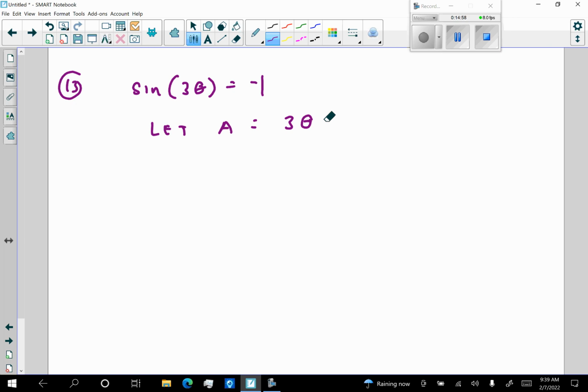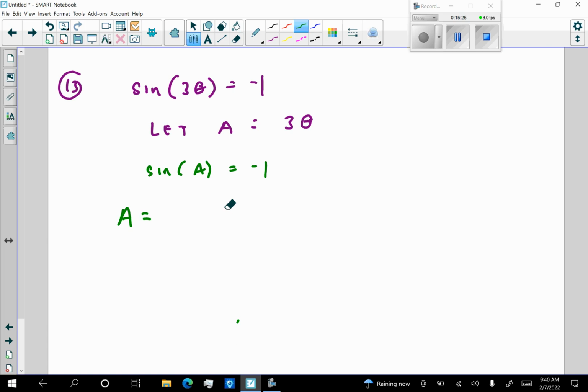You probably wouldn't need it on this simple of an equation, but when they get a little bit more difficult, this might be a really nice hint to use. Then I say, hey, the sine of A is equal to -1.